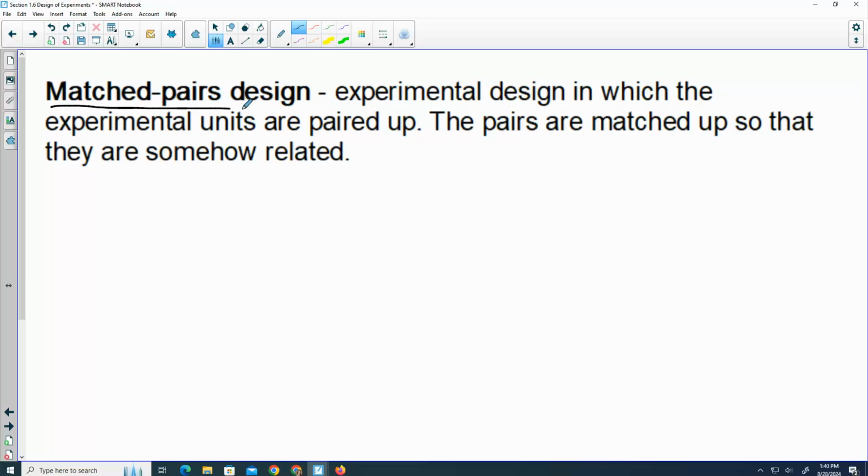So if I'm creating an experiment, in this, the units are paired up in a way that they are somehow related. I'm going to go ahead and put the other definitions on here, and then we'll talk about them.